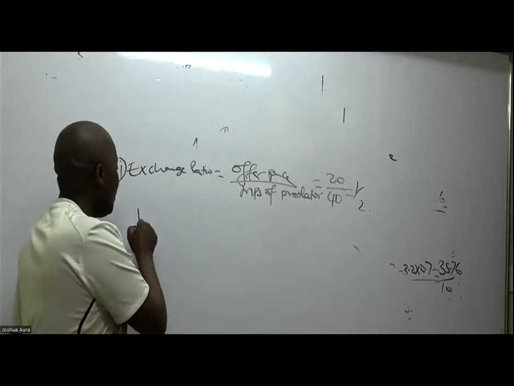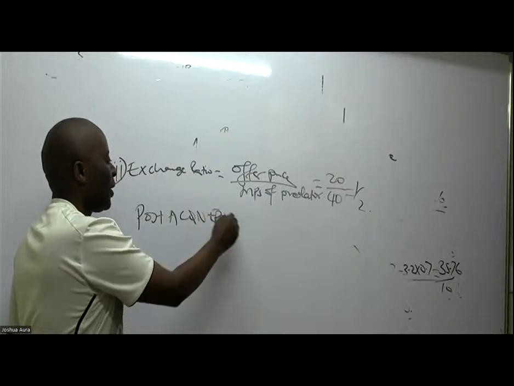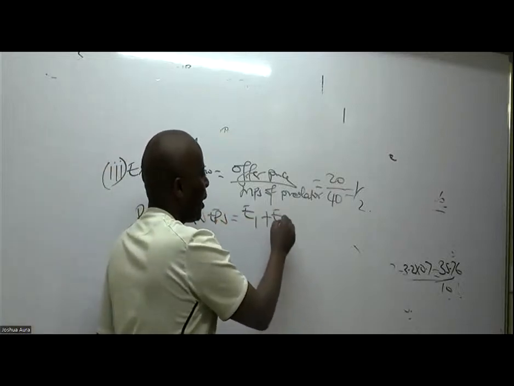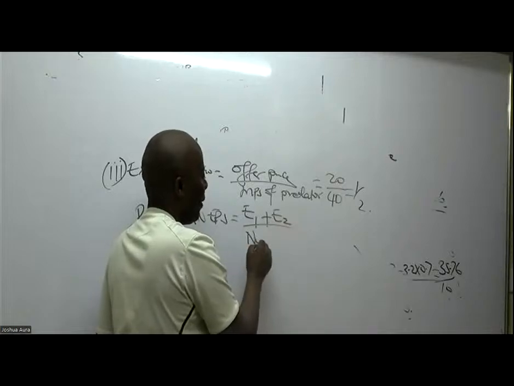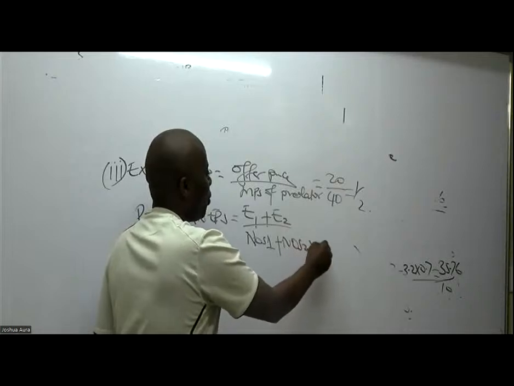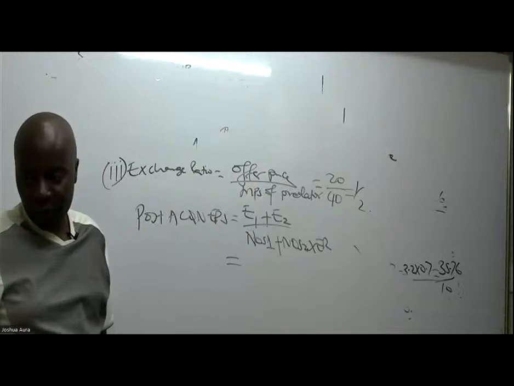And then go ahead and give us the post-acquisition EPS. This will be earnings of company 1, plus earnings of company 2, over the number of ordinary shares of company 1, plus the number of ordinary shares of company 2 multiplied by the exchange ratio.